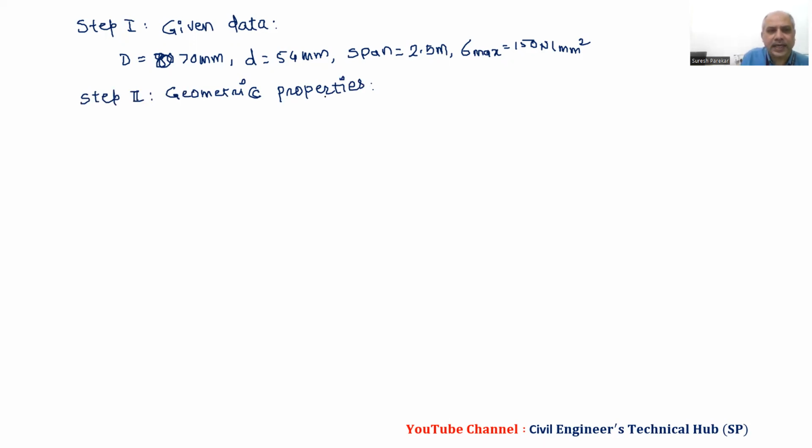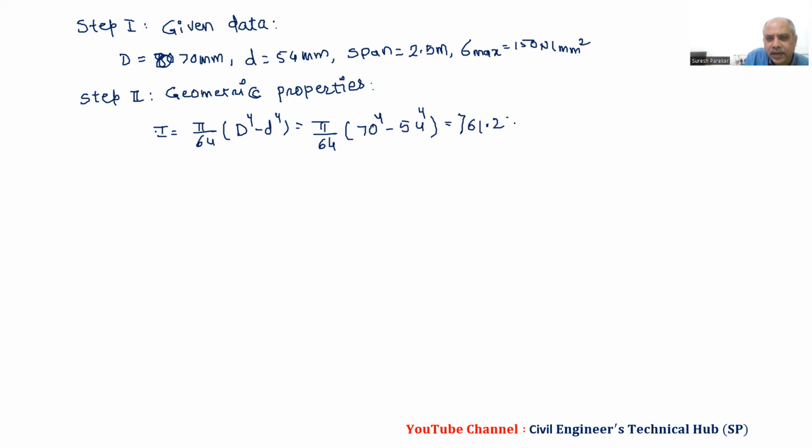And now we will go directly with the value of I. So I is equal to pi by 64 times D to the 4 minus d to the 4, and that will be equal to pi by 64 times 70 to the 4 minus 54 to the 4. And we have this value of I, that is 761.2 into 10 raised to 3 millimeter to the power 4.